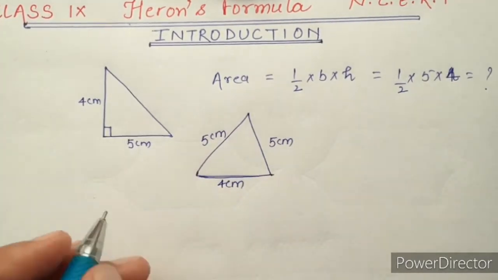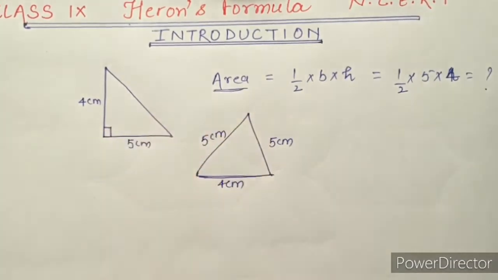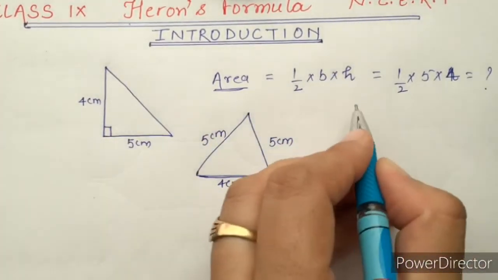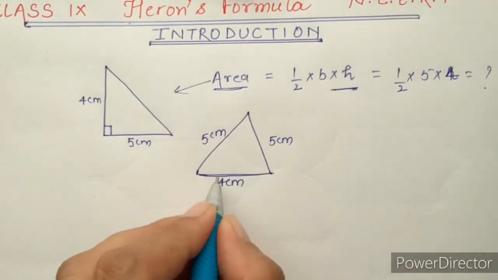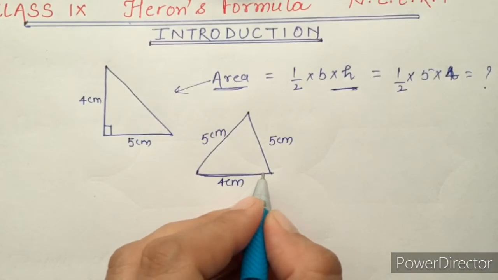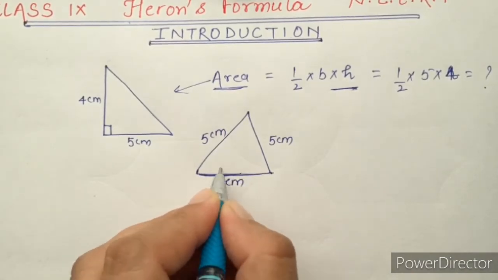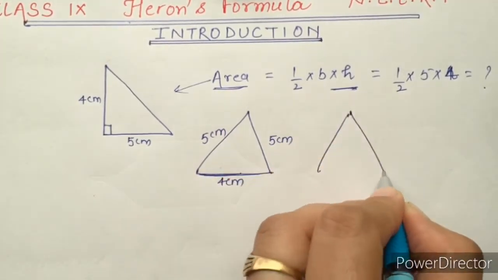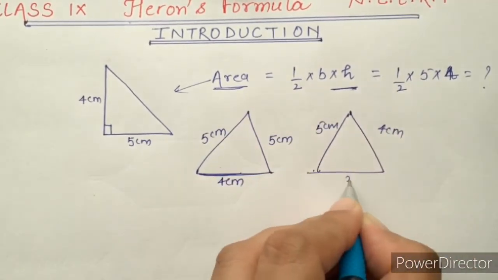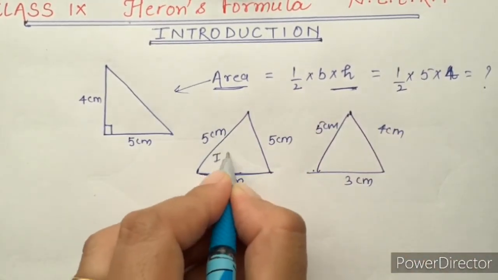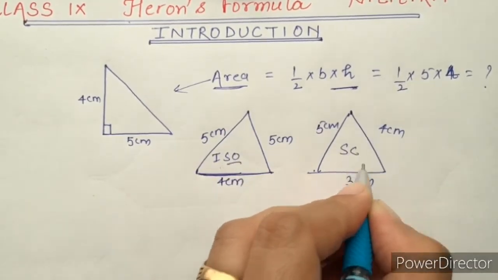Here we cannot use the area of a right angle triangle formula, 1/2 into base into height, because this is applicable only for a right angle triangle. So what should we do if we have to find the area of an isosceles triangle or a scalene triangle? 5, 4 and this is 3 centimeter. Students, this is isosceles and this is scalene.